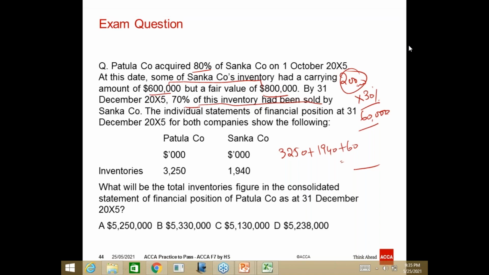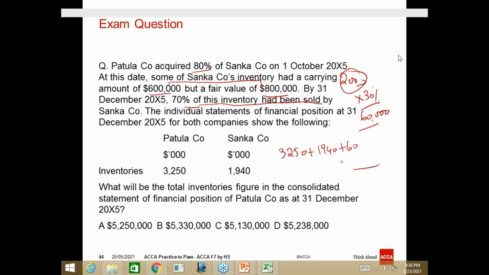But when we talk about consolidation, we need to follow the rules of consolidation, which say that all the assets and liabilities of the subsidiary can be revalued either upward or downward at the date of acquisition if the fair value is different from the carrying amount. If it is a downward fair valuation adjustment, then you need to deduct that amount.